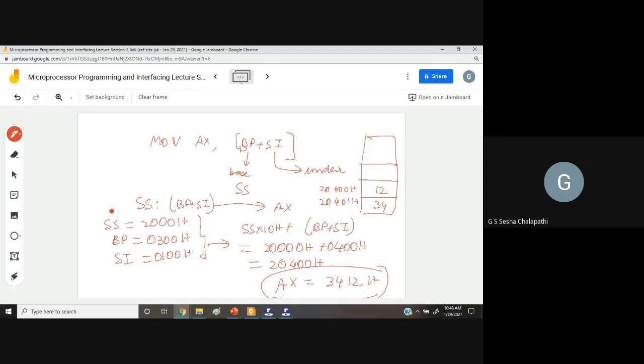This is in the stack segment. So basically BP is telling me which segment I will be using. It is not about SI. BP will actually tell me which segment I will use.